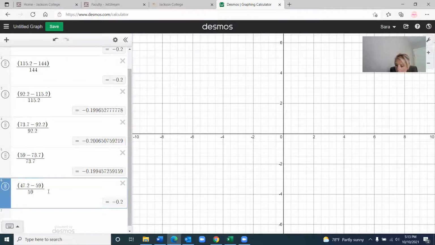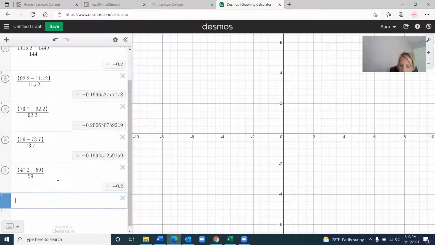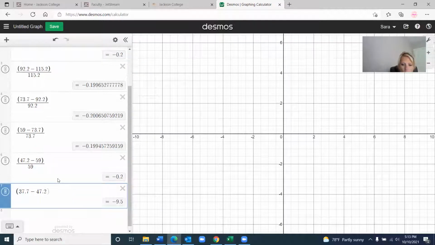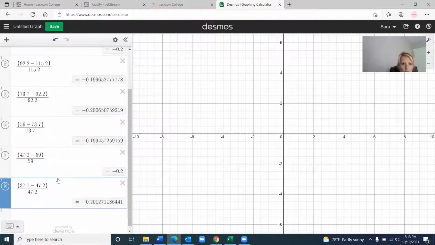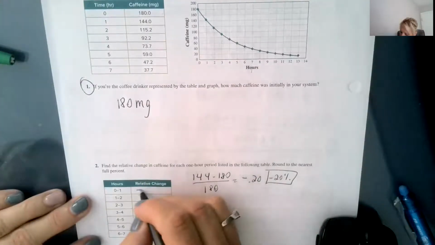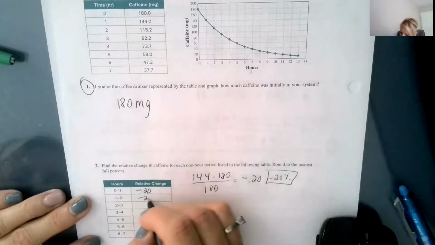So it looks like it's a negative 0.2 between all of them. And we didn't do the last one. So 37.7 minus 47.2, divided by 47.2. So yep, a negative 0.2 between all of them. So each of these were a negative 20%.